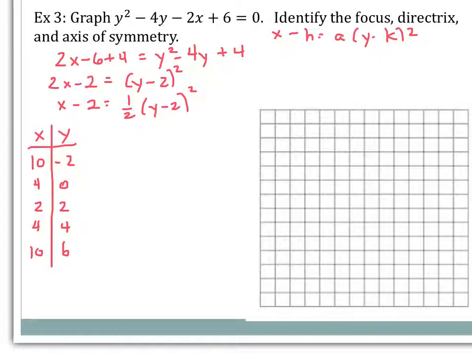And this one is actually going to open towards the right. And since there are no negative x's, I'm going to put my y-axis way over here, so my graph is going to fit. And go this way.